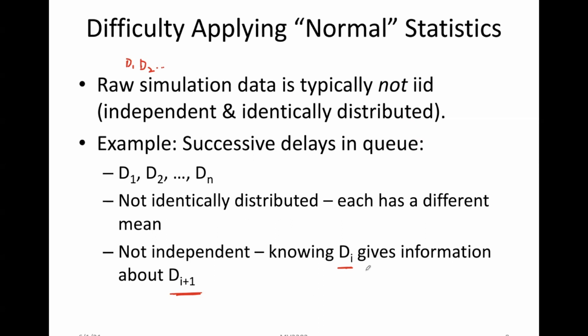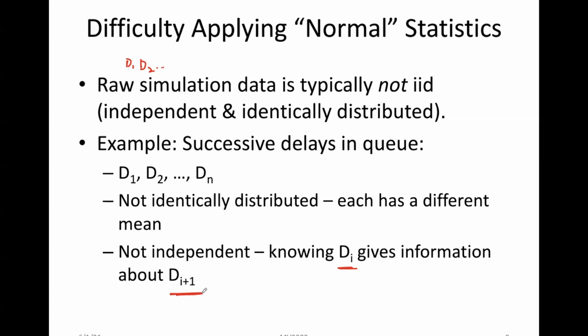Or let's say the 20th customer had a really low delay in queue, maybe 0 because when he showed up, there was an available server. Well, what about the 21st? He probably had a much lower one. So if I know one customer's delay in the queue, I don't have perfect information, but I have information about the next one. And what that means is that they're not independent.